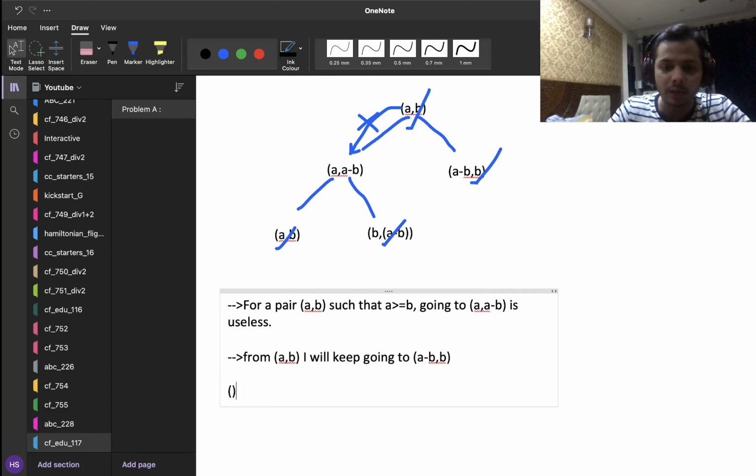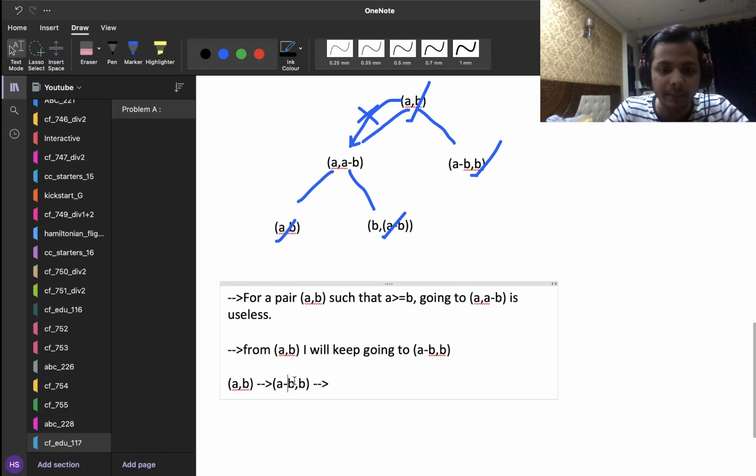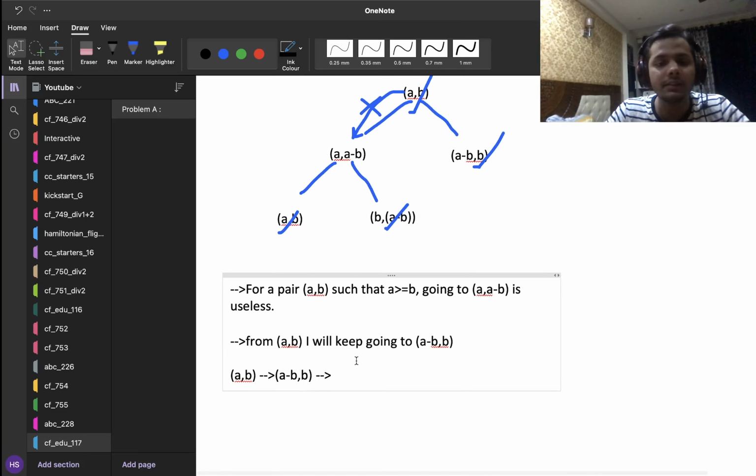I will be at a comma b, then at a minus b comma b, and now again I have a choice. If I assume that a minus b is also greater than b, then I will be at a minus 2b comma b, and if a minus 2b is also greater than b, then I will be at a minus 3b comma b.